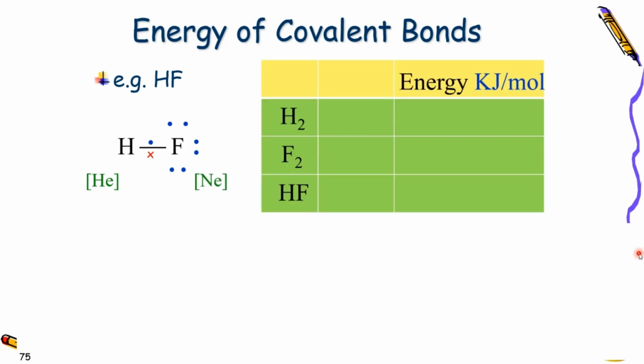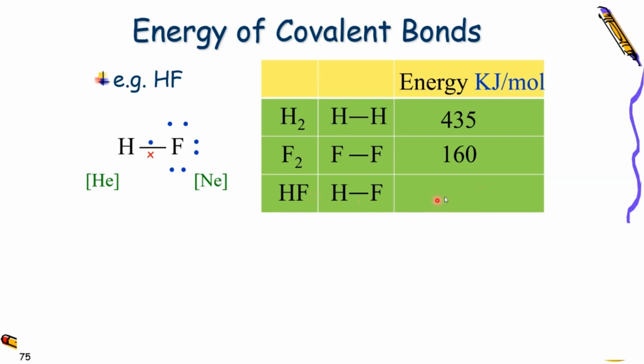So when we think of the bonding energy of hydrogen, hydrogen has only 1 single bond. The energy is about 435 kilojoules per mole. How about fluorine gas? The bonding energy of fluorine gas is about 160. So when you take 1 hydrogen atom and 1 fluorine atom and make hydrogen fluoride, have a guess.